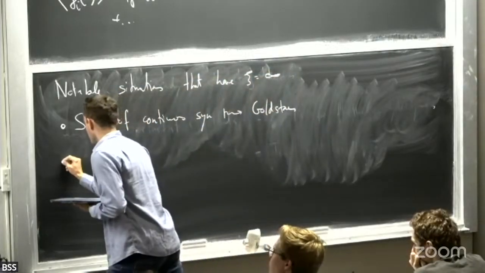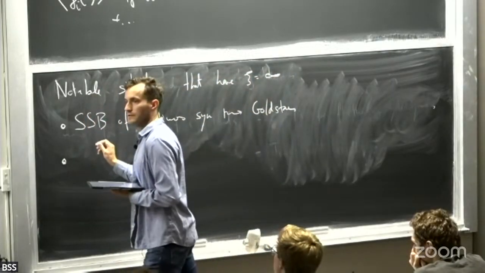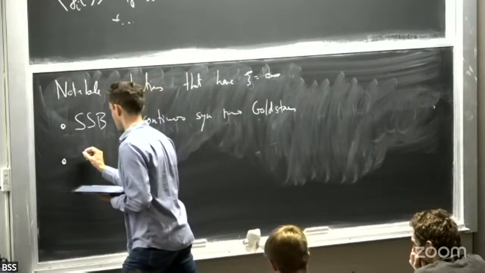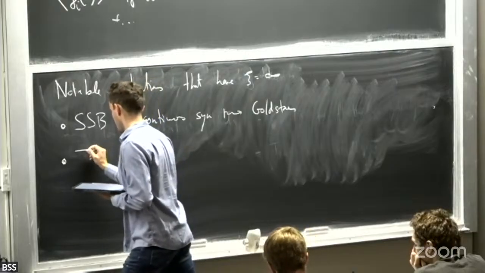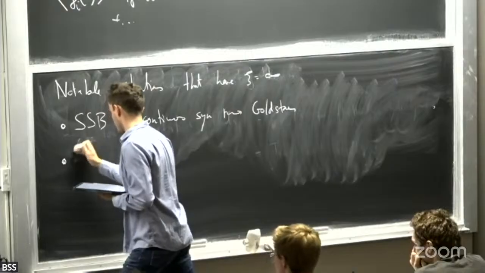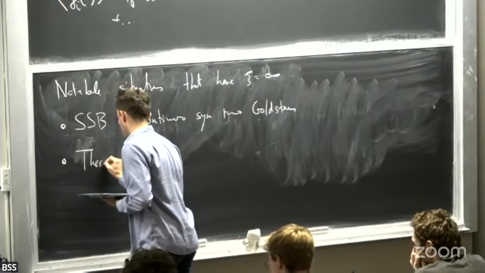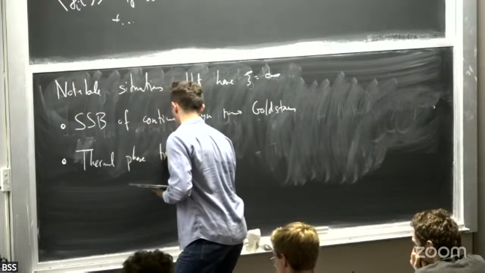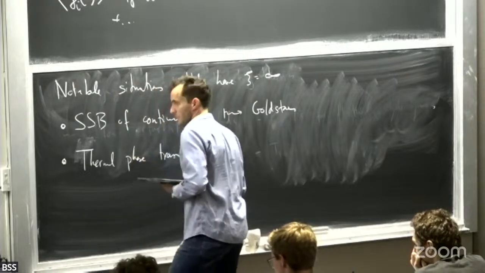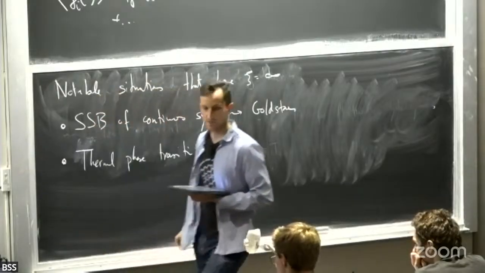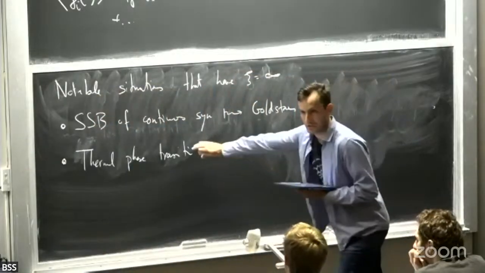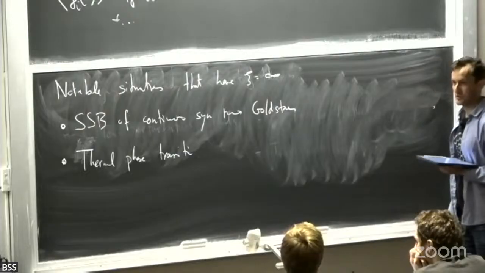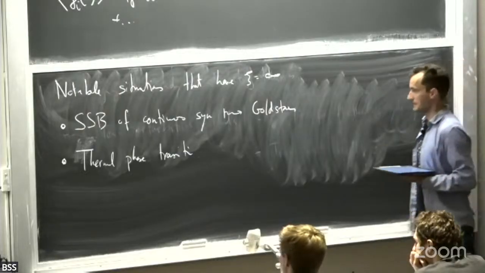Other examples? Critical, yes. So if you have a classical, continuous thermal phase transition, here famously the correlation length diverges. And the story here is a lot richer. You have a lot of nice physics, critical exponents.